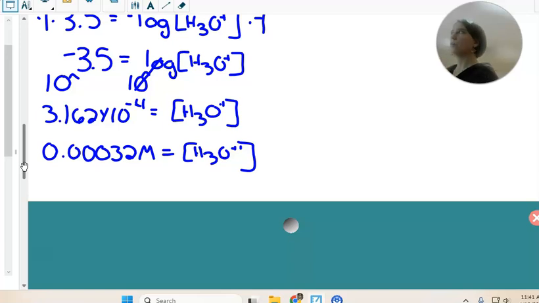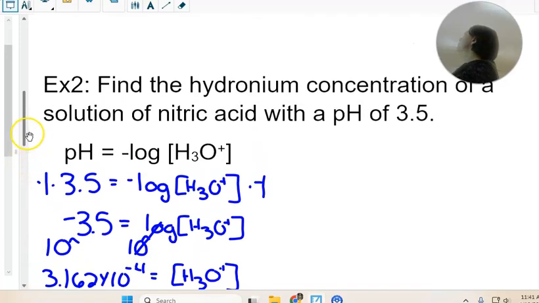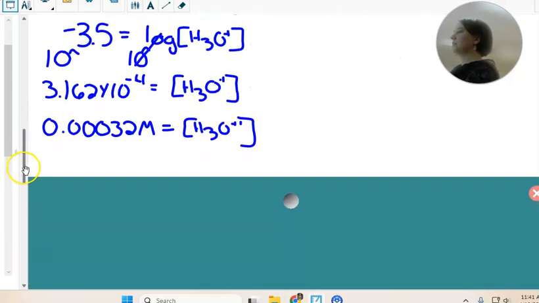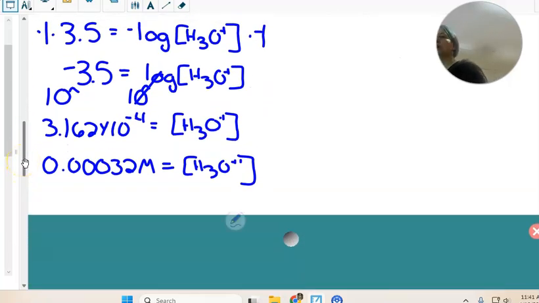It's between those two small numbers. So it'd be between negative 3 and negative 4, but we know logs are opposite. So is it between 3 and 4? It is. So we answered the question, what is the hydronium concentration? And we got a reasonable answer.